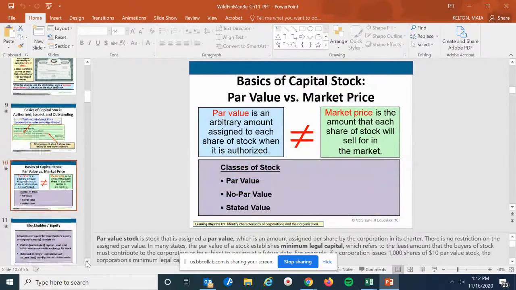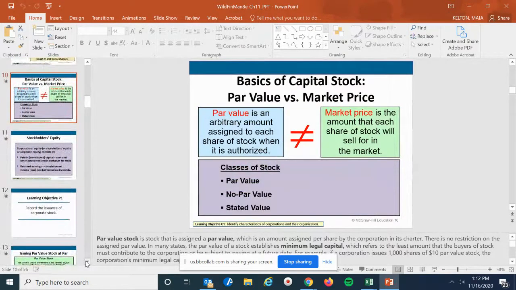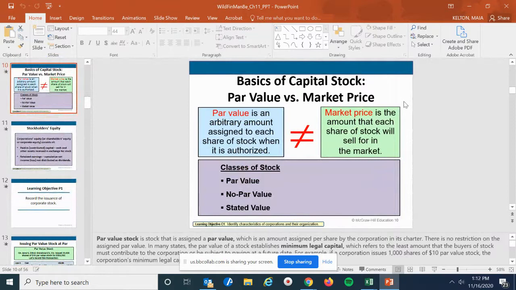So here's something that you guys need to know, that just like bonds, the stock certificates have a par value. So that is what the company assigns to each share of stock. And for the most part, you're going to see they issued stock with a par value of $1 or $10.